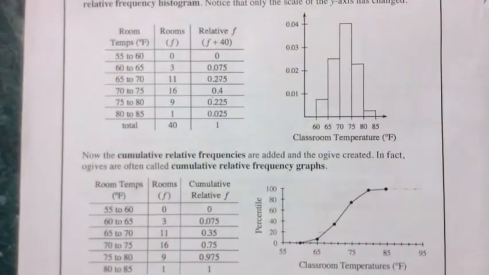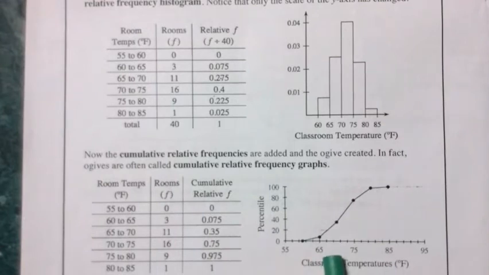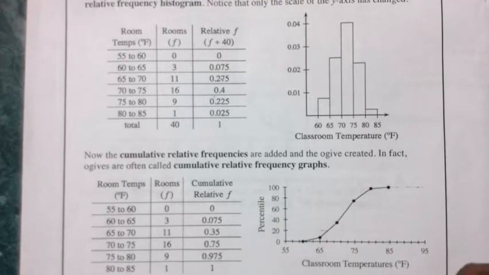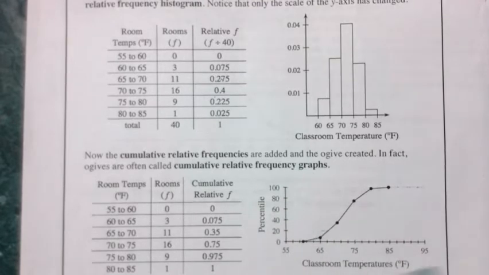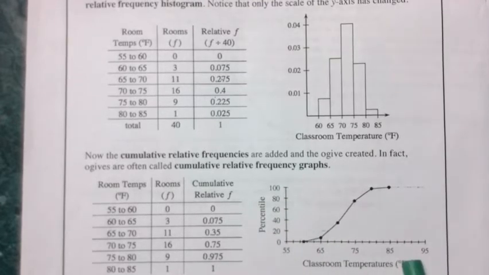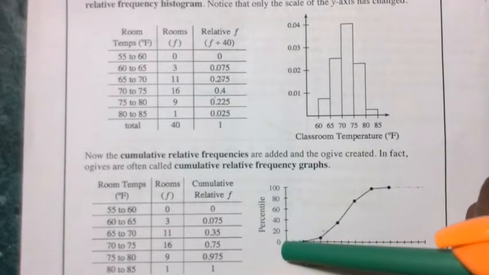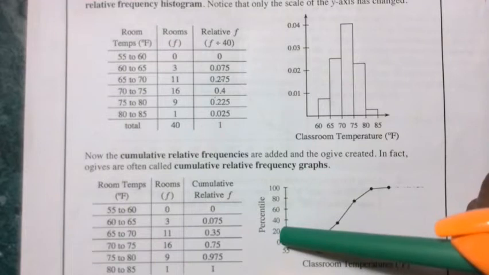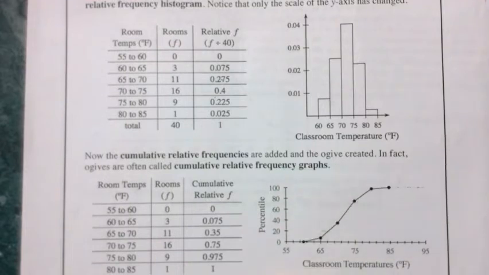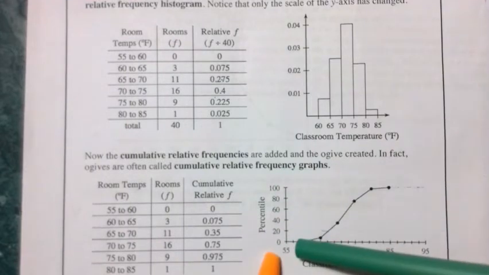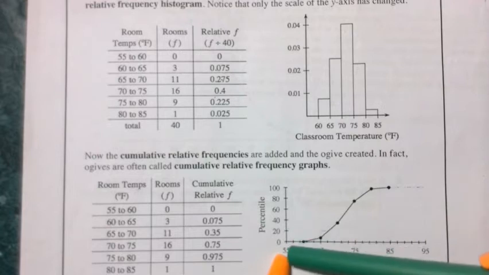Now comes the ogive. Your ogive is basically making a line graph using the same intervals, so your same x-axis, and you're just turning your y-axis to percent, so your percentiles. Your y-axis should always be labeled 0 to 100.